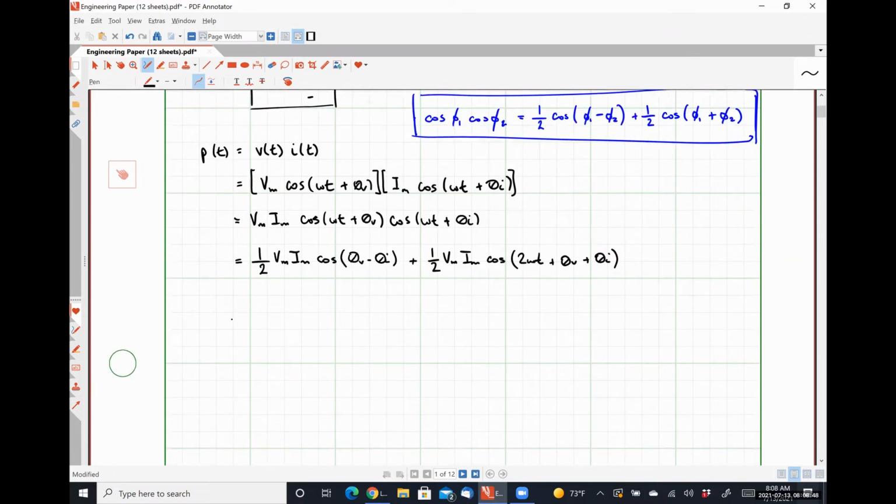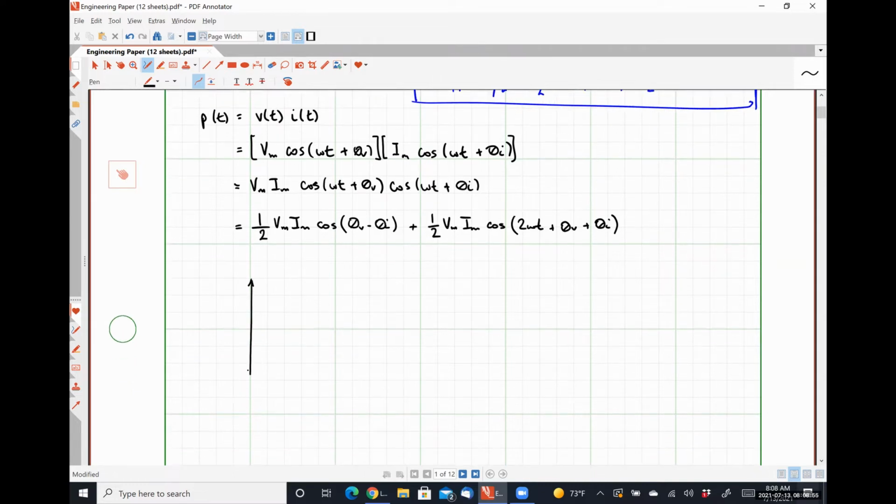If we were to plot this, it would look something like this, depending on what the circuit element is. I'm going to say it's a generic circuit element having some resistance and some inductance, okay?